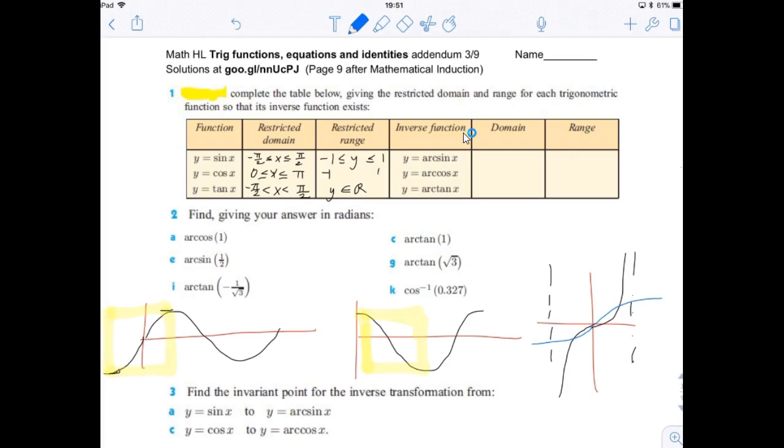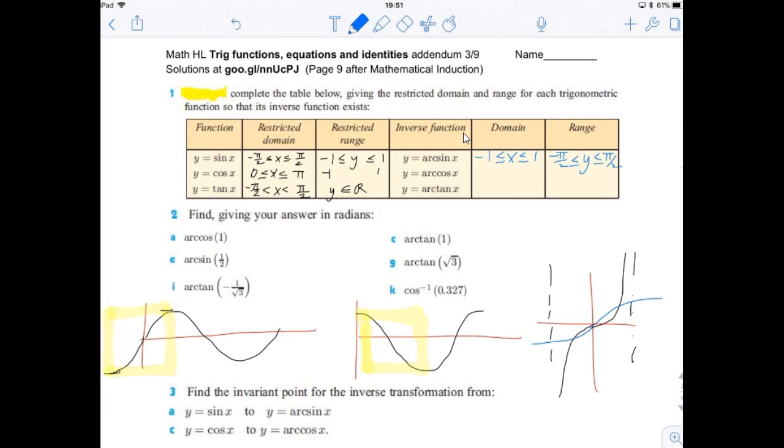So, for example, the domain for arcsine should be -1 less than or equal to x less than or equal to 1. The range value would be negative pi over 2 less than or equal to y less than or equal to pi over 2. Okay?